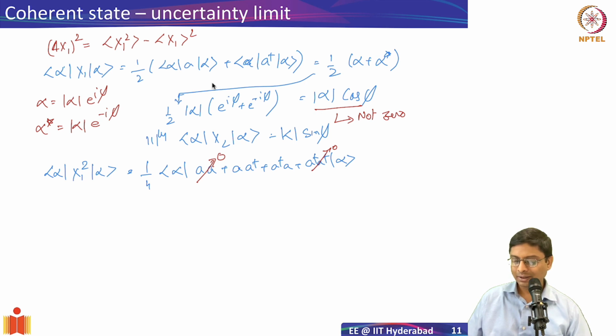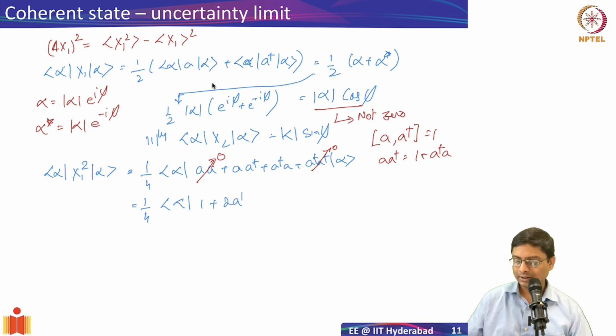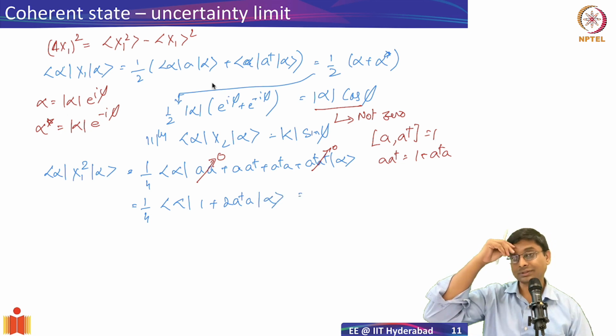I know A dagger A is my number state, but for A A dagger, we know the commutator bracket of A and A dagger is equal to 1. So A A dagger is going to be equal to 1 plus A dagger A. So I'll put that in here. So this is 1/4 expectation alpha, 1 plus 2A dagger A, alpha. That's going to be equal to what?